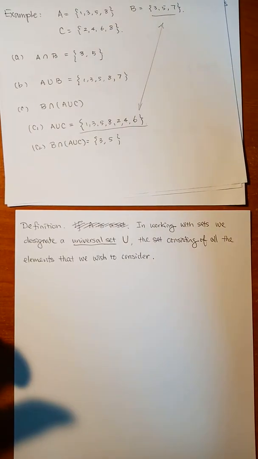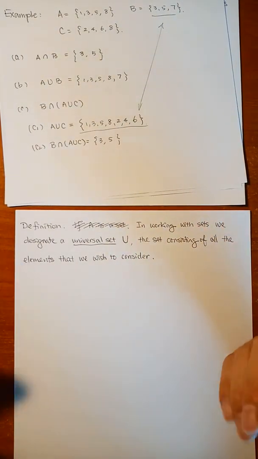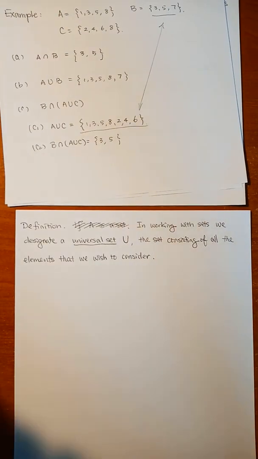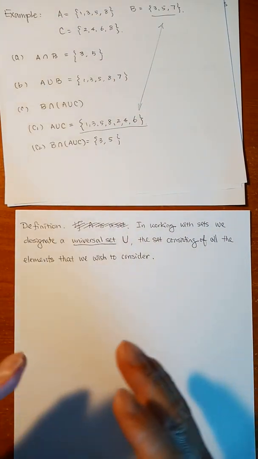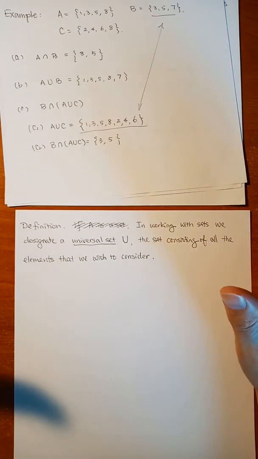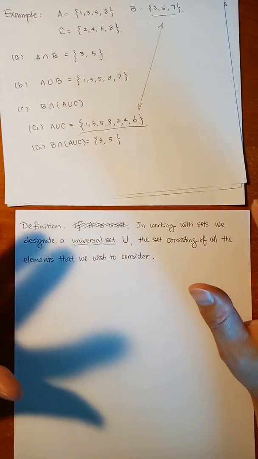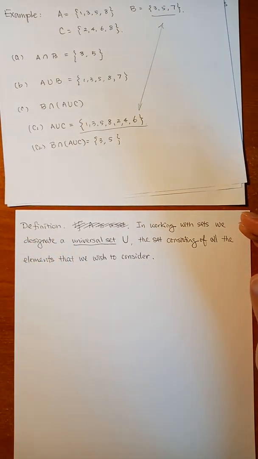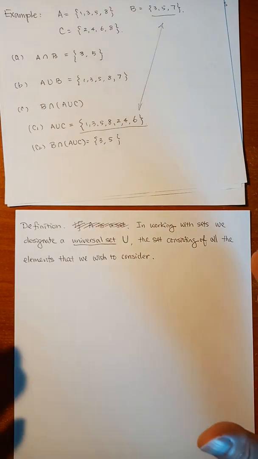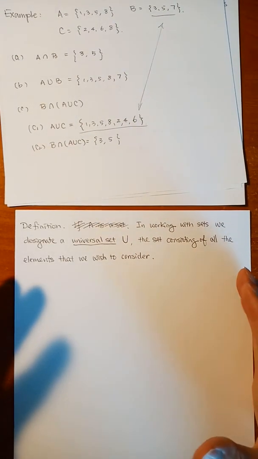So in that moment, the universal set becomes a set of all P over Q, positive rational numbers.